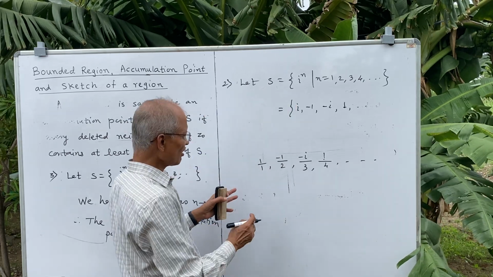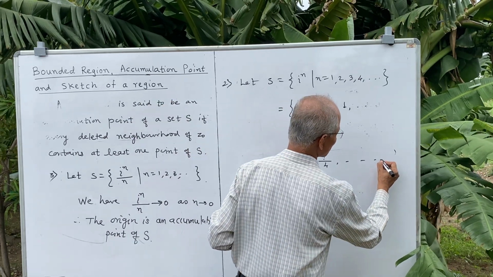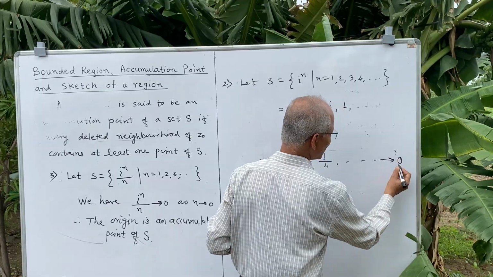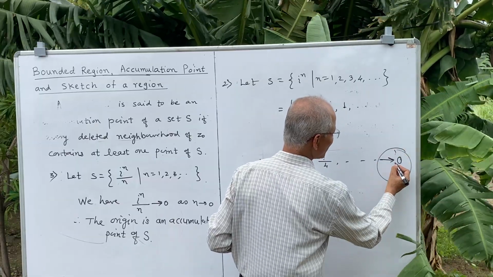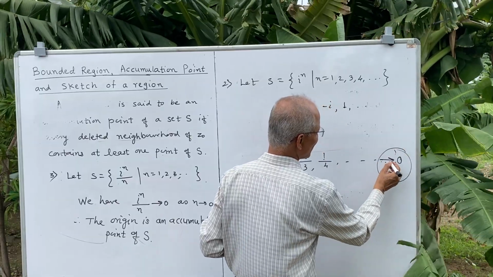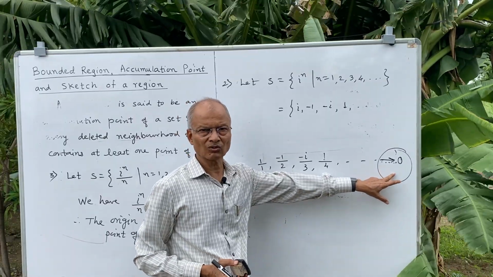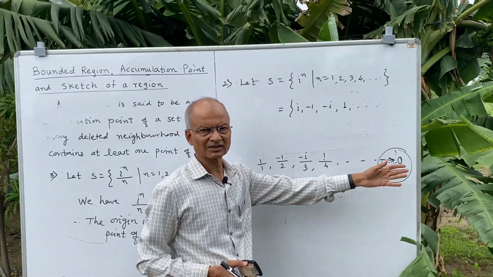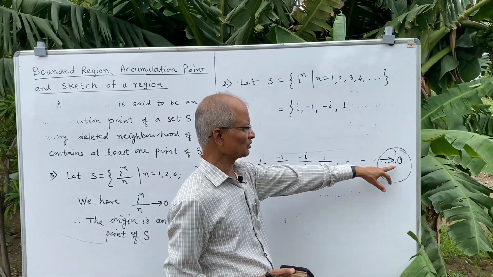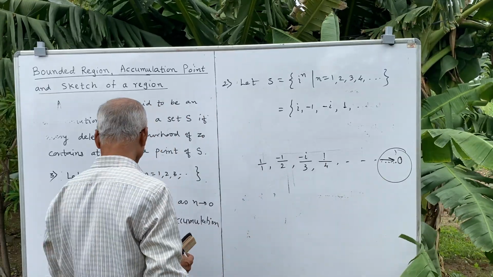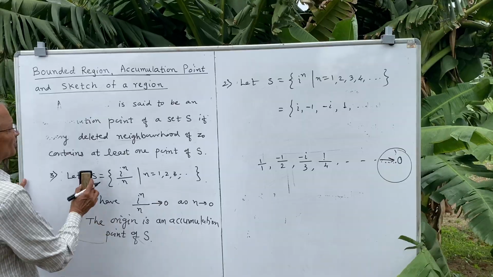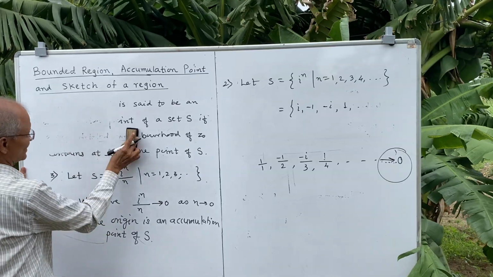All these points approach 0, the origin. If you consider the neighborhood of the origin, there are more points; these are dense near the origin. As n becomes large and larger, the values approach the origin. Therefore the origin, or 0, is an accumulation point of this set.